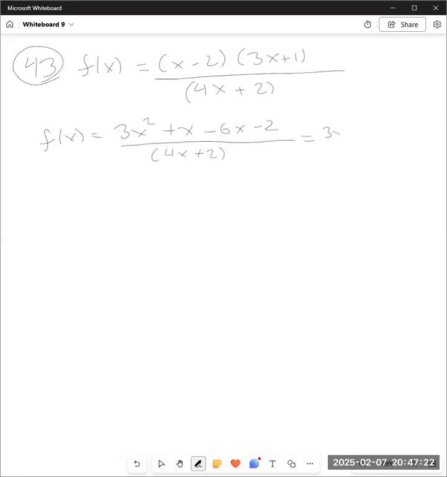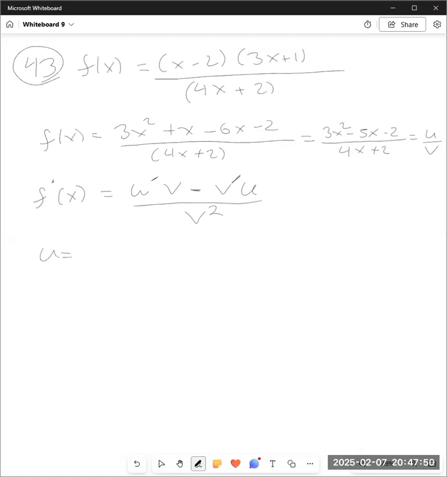That is 3x squared minus 5x minus 2 over 4x plus 2, which is my u over v. So f prime of x will be u prime v minus v prime u all over v squared.